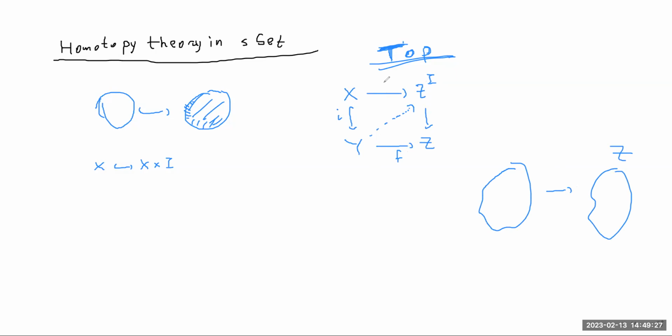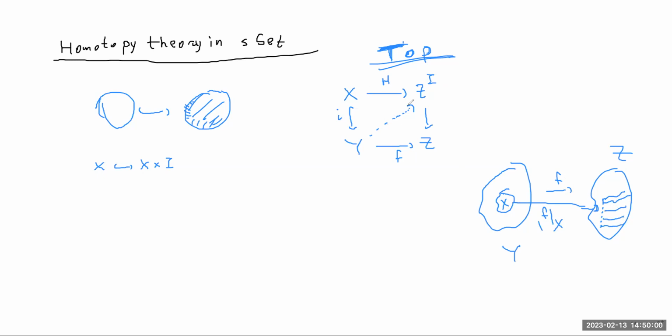This is a homotopy here. Sorry, the homotopy is for X: Y is here, inside it there is X, and I have a homotopy of f on X. At the beginning it's exactly f on X, but then there is of course a path.